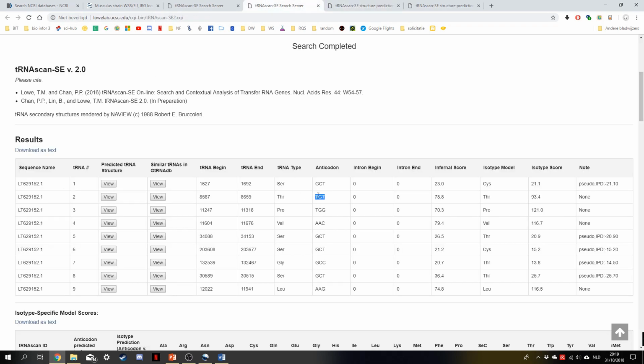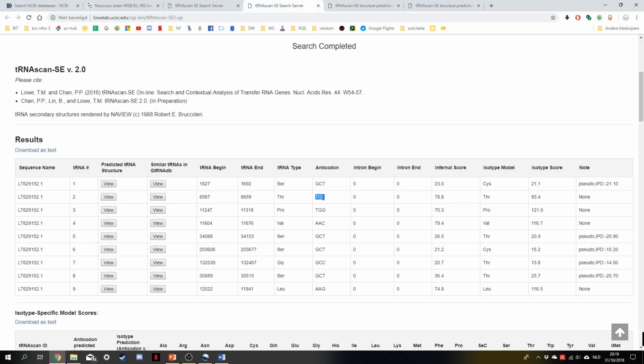So here in this example, TGT is supposed to be the anticodon, and if you look at the structure, you can see UGU, which is basically the DNA counterpart of the anticodon. So this here is the amino acid that is complementary with this anticodon, and based on this amino acid, the isotype is created.